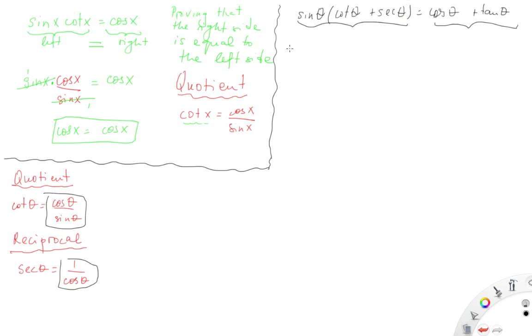I have. So I'm going to say sine of theta, parentheses, instead of cotangent, I'm going to write cosine of theta over sine of theta plus, instead of secant of theta, I'm going to write 1 over cosine of theta.